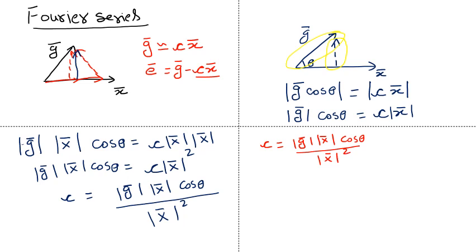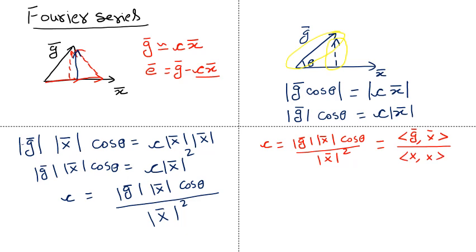The numerator is basically the dot product between the vectors g and x. We write it in a triangular bracket, which indicates the dot product between g and x. We also call it the inner product between g and x. Similarly, in the denominator you can write the inner product of x with itself.